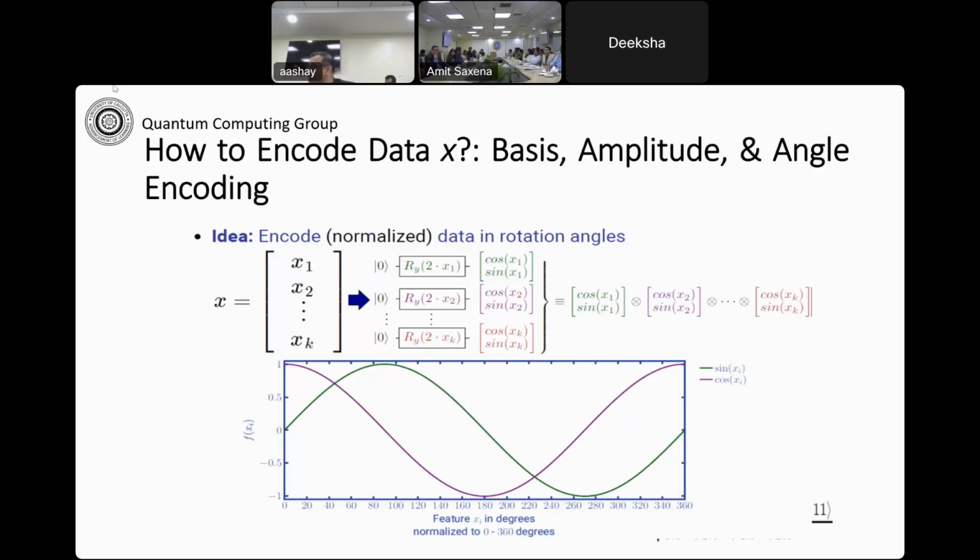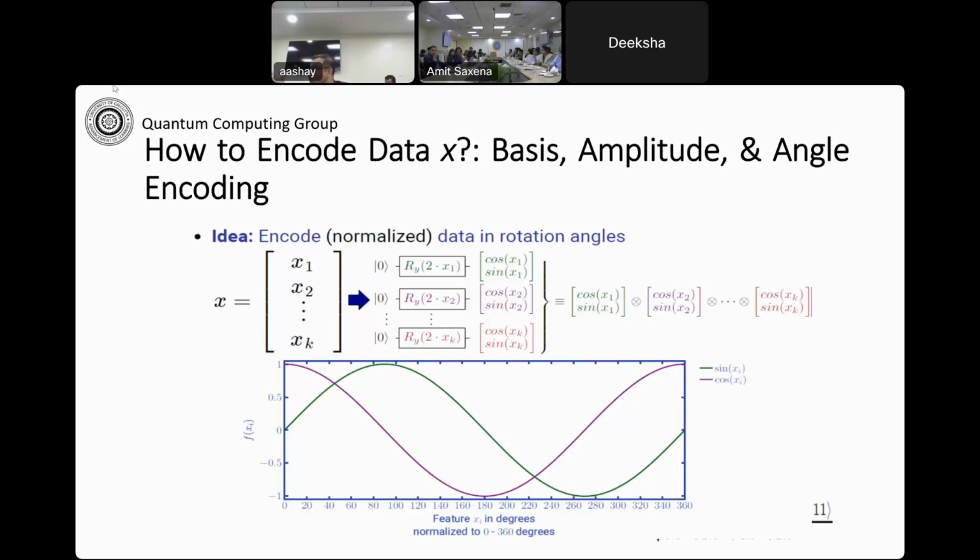A qubit is rotated by twice the normalized value. It has to be a normalized value, understand? x1 to xk are normalized, and that normalized value goes into 2 times x1 for the ry gate. It can be rx also, it can be rz also, but normally we take one axis. Sometimes we take 3 axes to encode a much larger space, but I'm not showing it here.